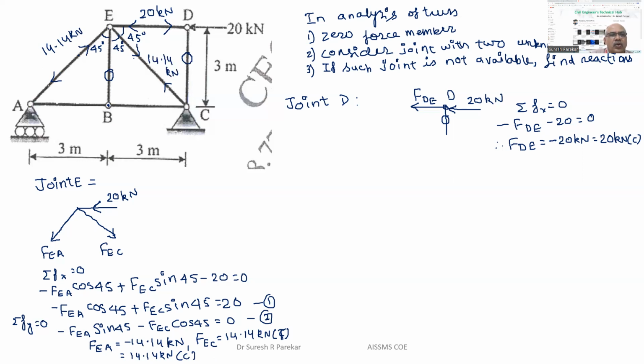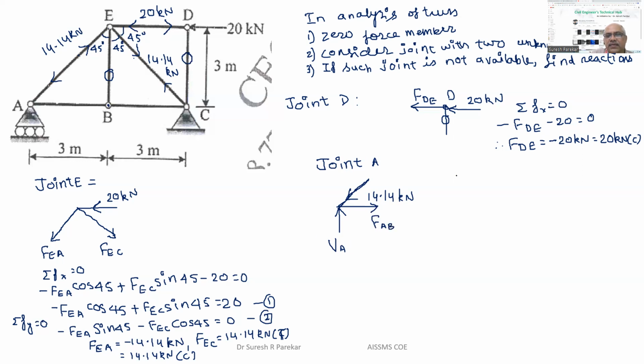Now, if we go to joint A, then we have the unknown AB, and then the reaction VA. So now if I consider joint A, we have this force which is in compression. Do not consider the minus sign, we have considered already compression. Then we have upward VA, and then this will be force FAB, always assumed tensile.